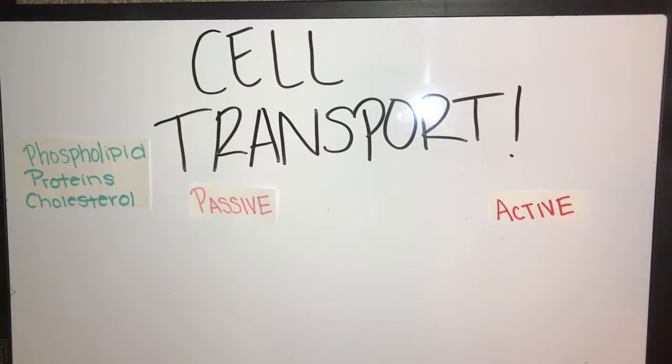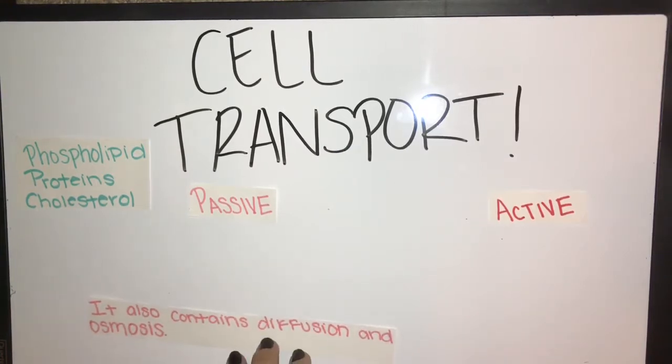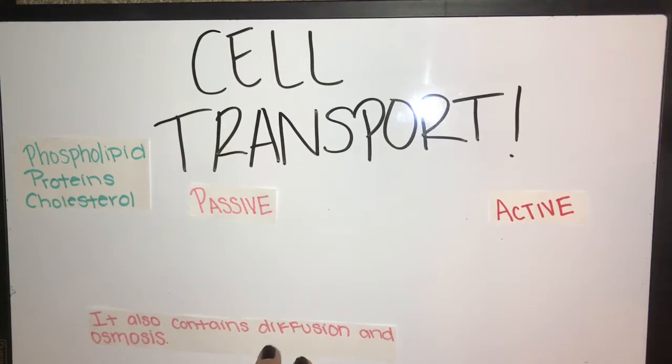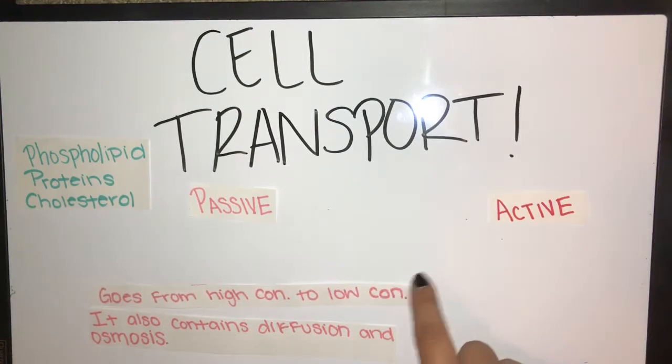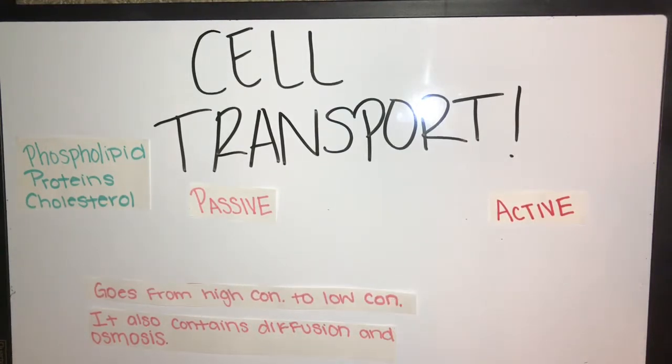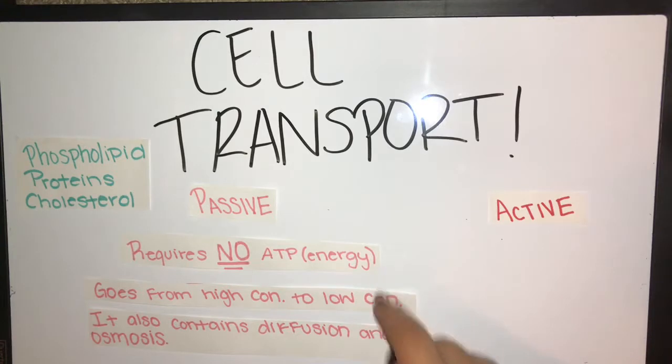So passive means, basically, passive has diffusion and osmosis. It goes from high concentration to low concentration, and it requires no ATP, or as we call it, energy.